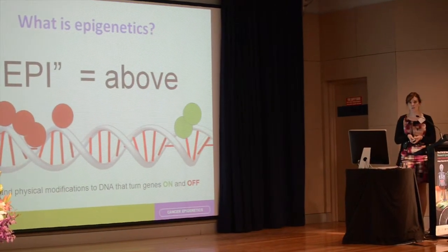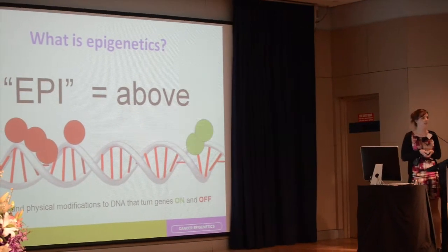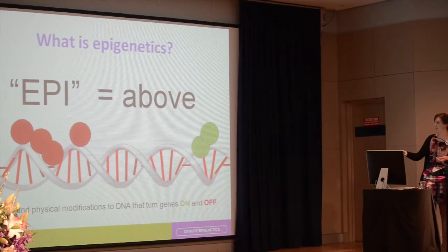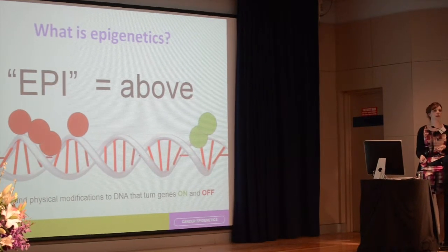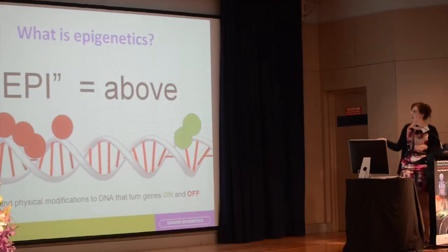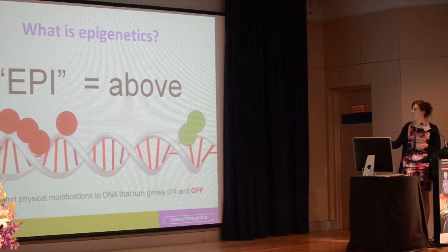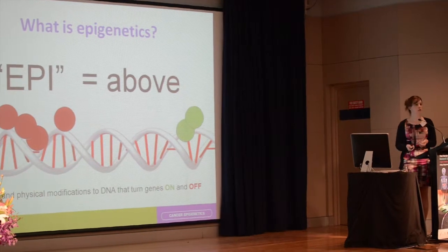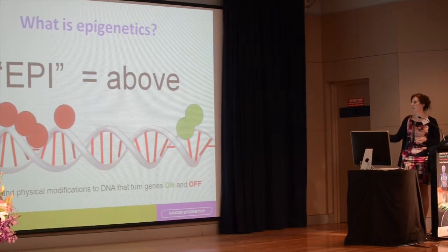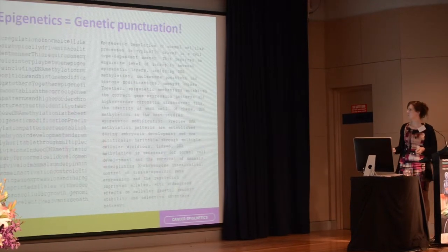We've had a great introduction to epigenetics today, but I thought I'd start with this because it really highlights the importance of epigenetics. If we have our DNA sequence, which is the same in every single one of our cell types arguably, epi literally means the modifications above this DNA sequence. And these can be repressive modifications which turn genes off, or active modifications which allow genes to be turned on in the right context.